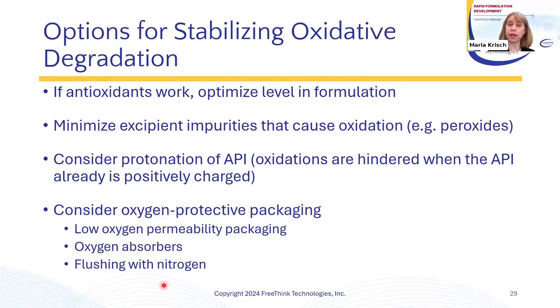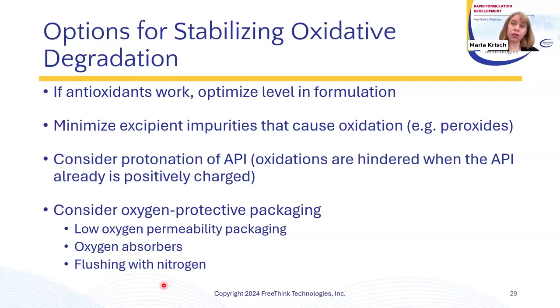It's also the case that certain excipient impurities have been known to cause oxidation. So a common culprit for this is things like peroxides. So these are often present in excipients. They can also grow in excipients. And so if you have a way to minimize those, that may help an oxidative degradant that's limiting shelf life.